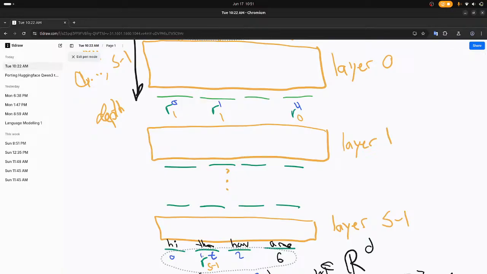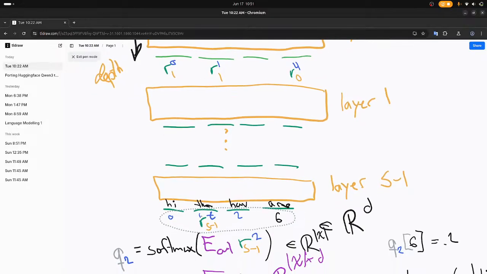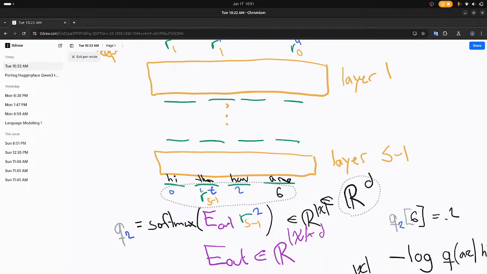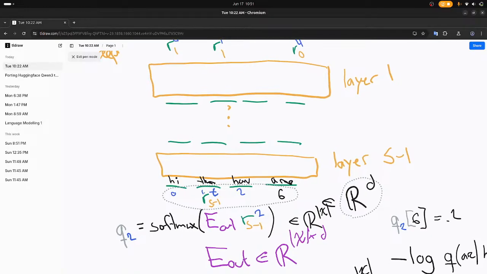And these vectors live in R^d, which is the residual stream dimension, but we want for each token to be able to predict the next token. So we want a probability distribution out of this vector that allows us to talk about the probability that, for example, it would be "how" that is coming around.